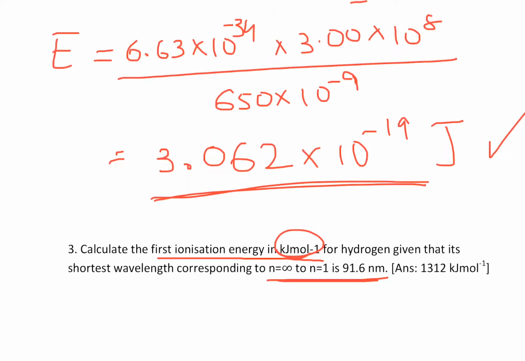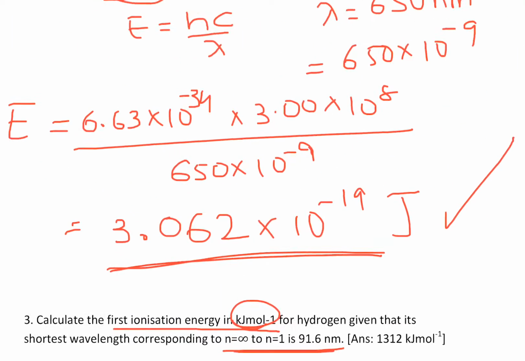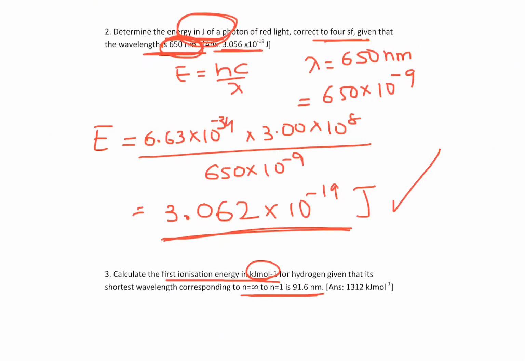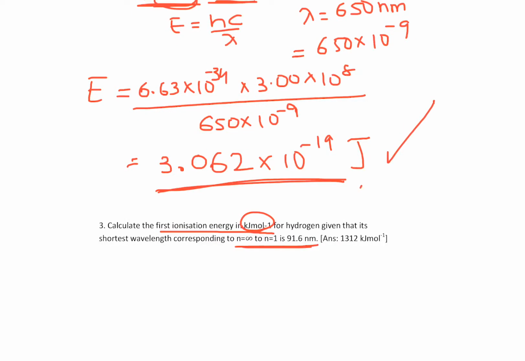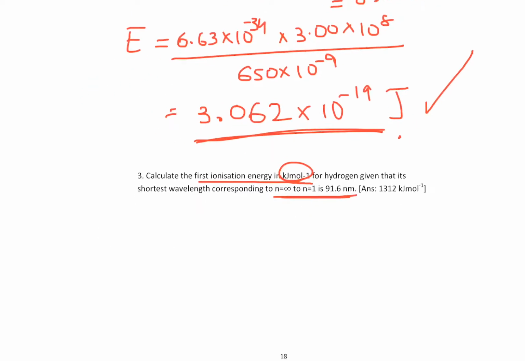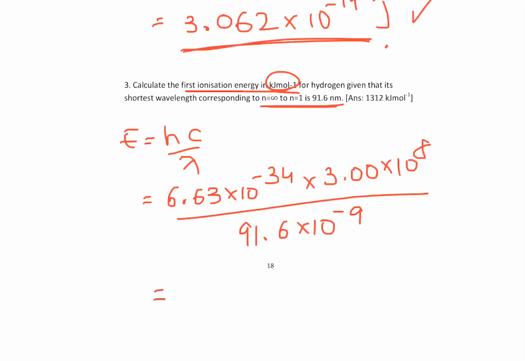So again, I'm going to use the same process as question number 2. So I will end up with energy in joules, but then I need to convert this to kilojoules per mole. So when I fill in the values in the equation, this is what I get, 2.17 times 10 to the power of minus 18 joules.